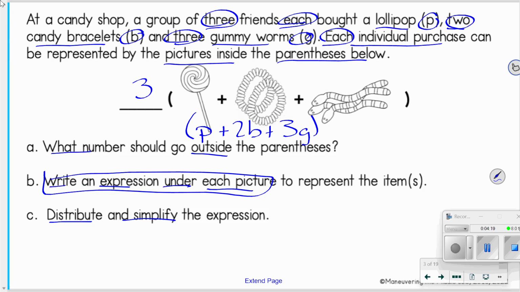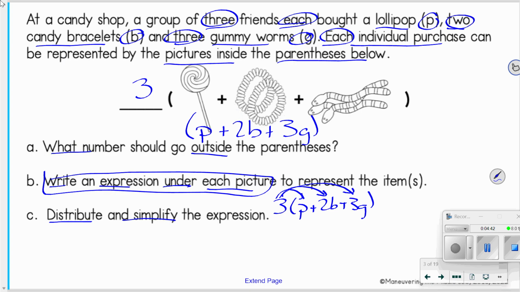Meaning, I'm going to take this expression, 3 times P plus 2B plus 3G, and I'm going to distribute to each of the inside terms. Now here's where it gets a little different. Most of them, we've only been doing 2 terms on the inside. Does it actually matter how many terms are in the inside? No. If it's on the outside of the parentheses, everything is being distributed to it.